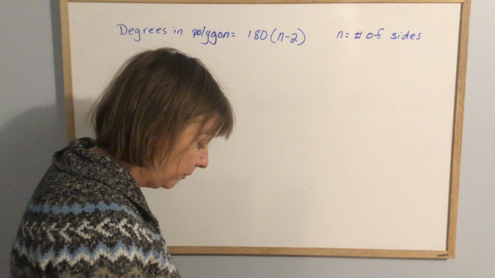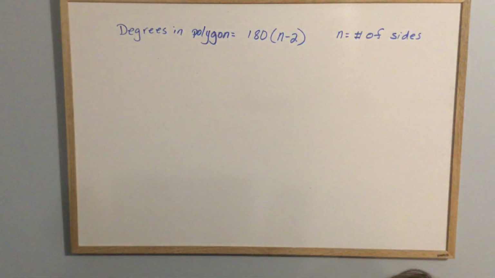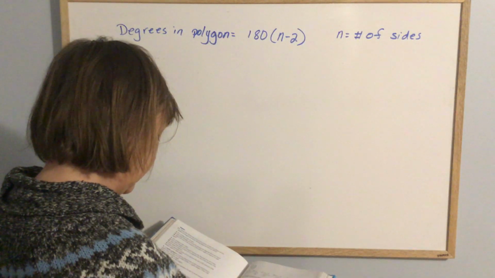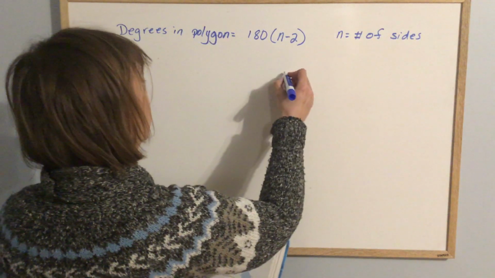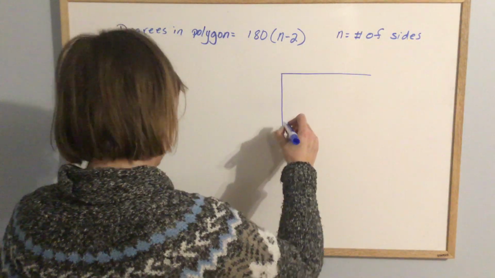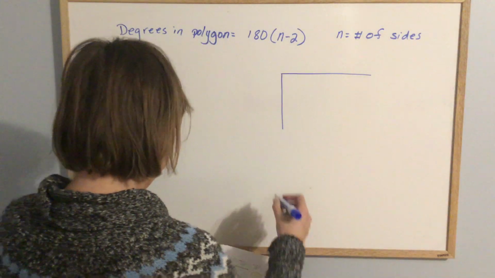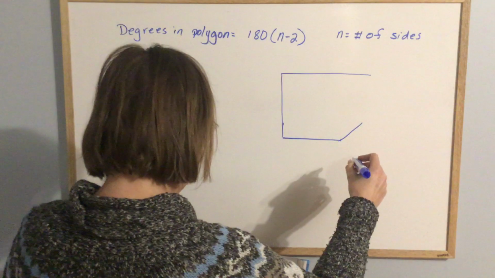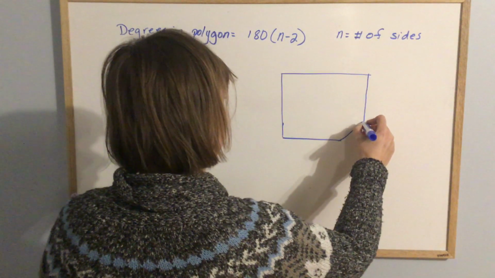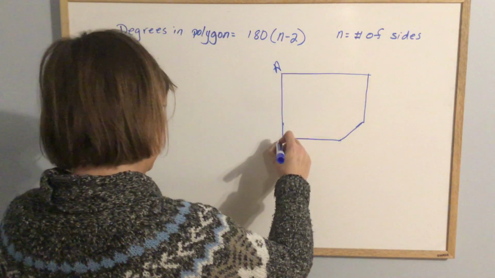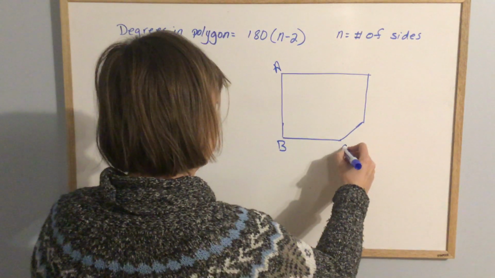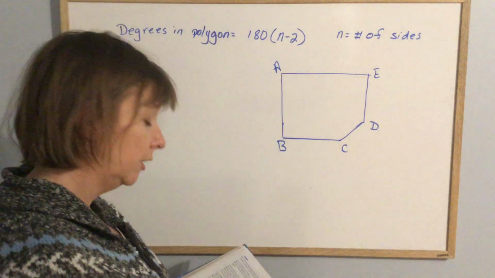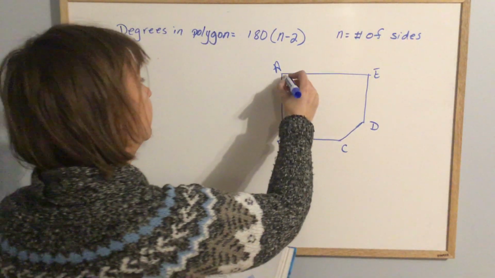In example 1, it says find the measure of angle A, B, C, D, and E, and it gives you this wonderful shape, something like this. But they don't actually tell you what each angle is.